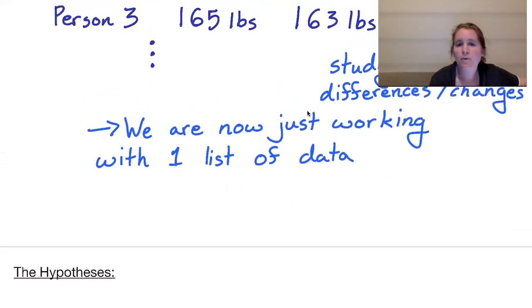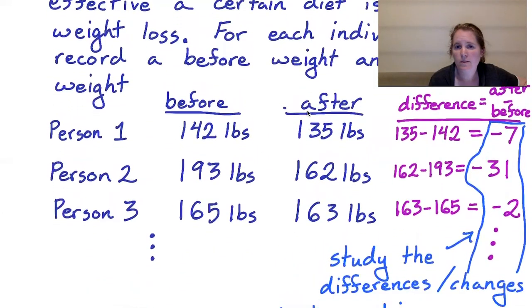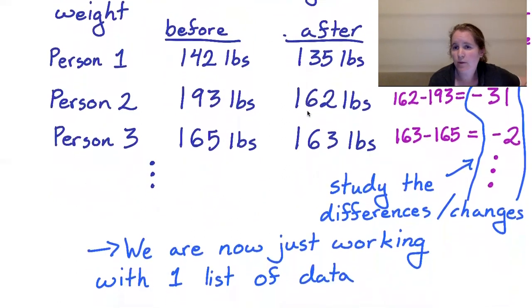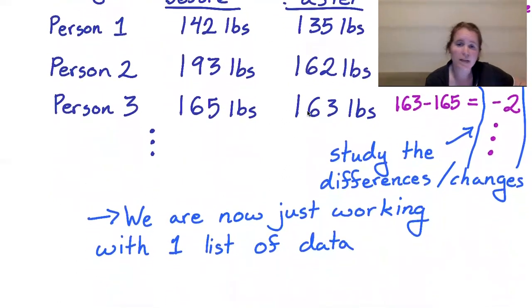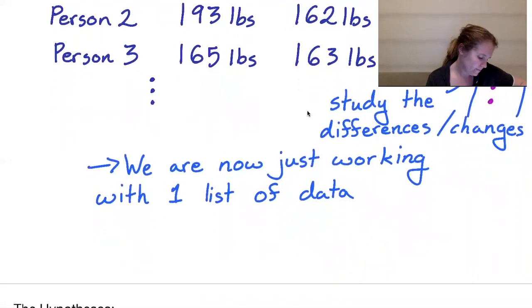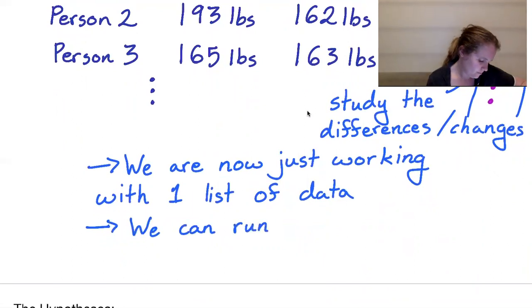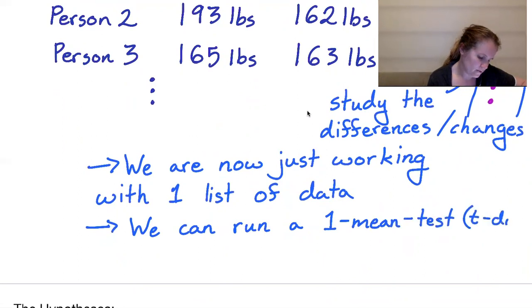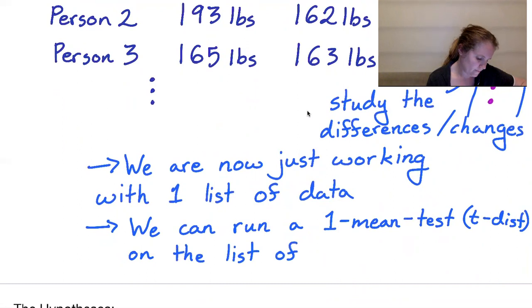And so what we can do is we can simply run a hypothesis test on this one list of data. And we will use the t-distribution. So we're going to run a one mean test using the t-distribution on the list of differences.